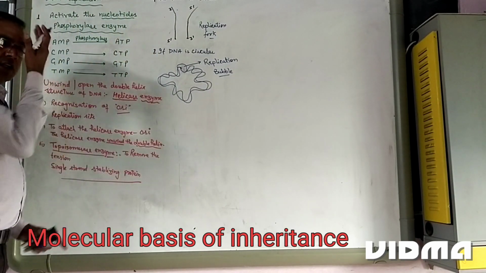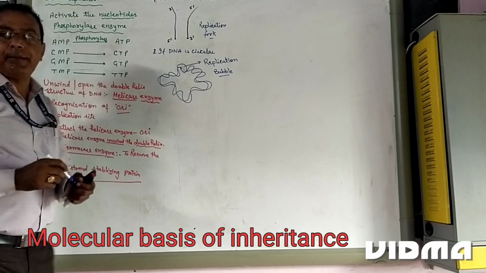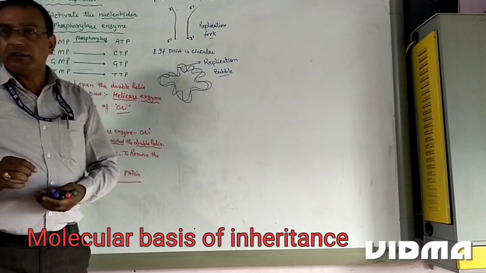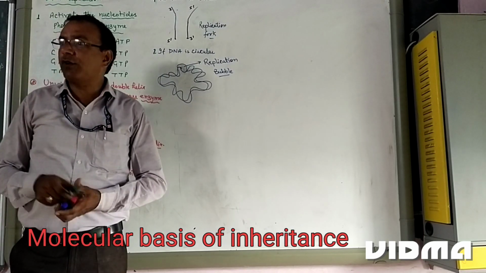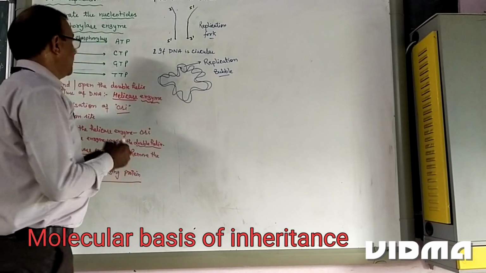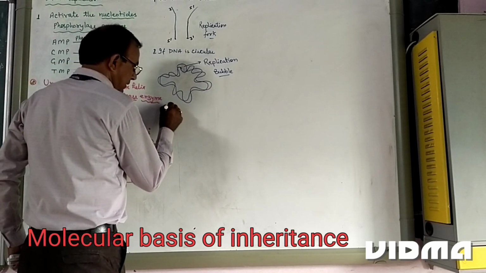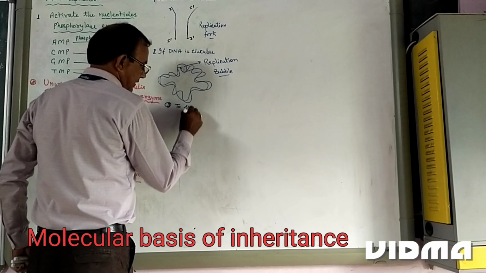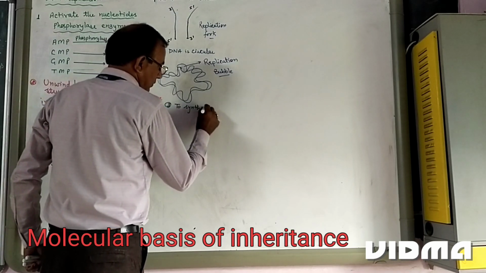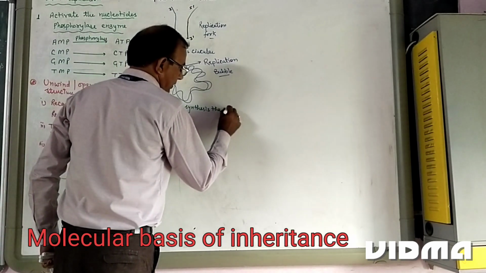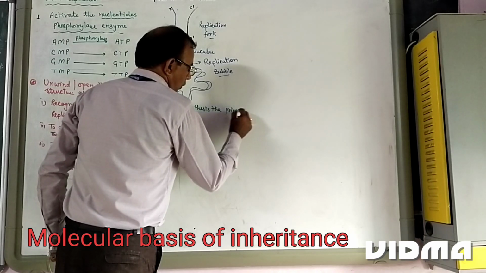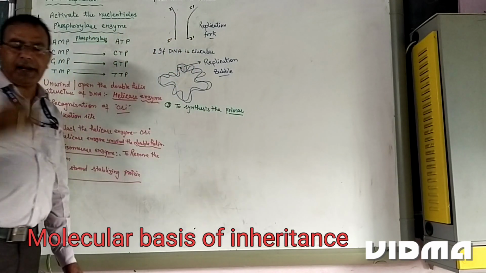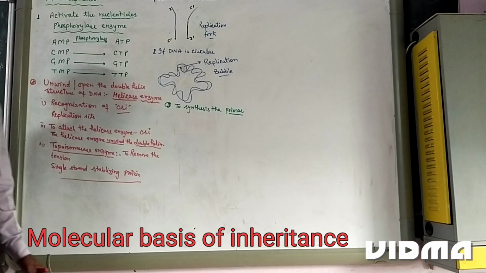After this one, there is a need to attach a primer. It means the attachment or synthesis of primer. The third step is to synthesize the primer. What is primer? Primer is a DNA directed RNA polymer.